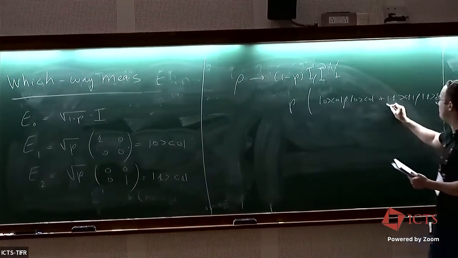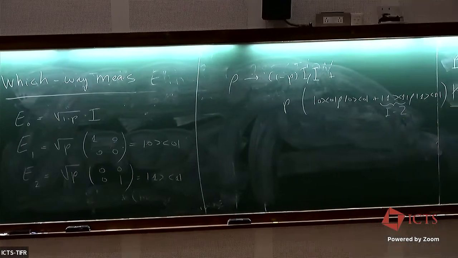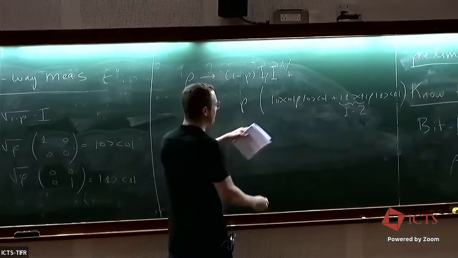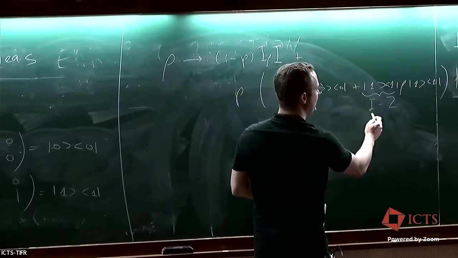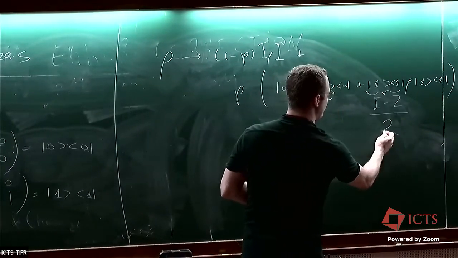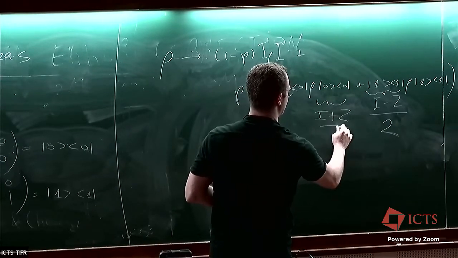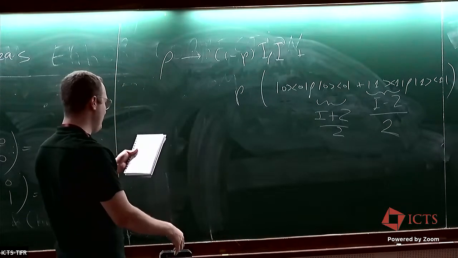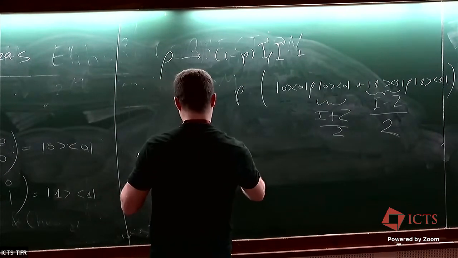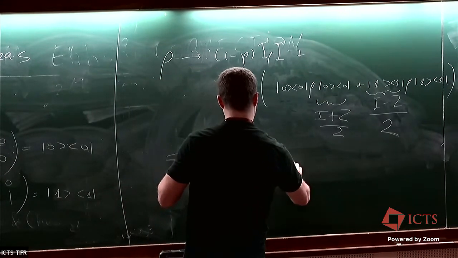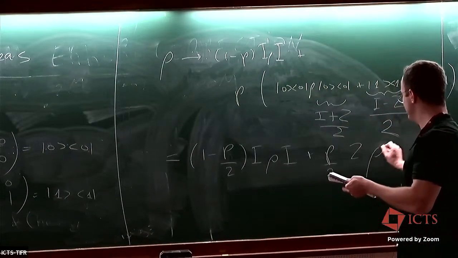But you can rewrite this. |1><1| is identity minus Z over 2, and |0><0| is identity plus Z over 2. You rearrange the terms, and lo and behold, what you get is (1 minus P over 2) I rho I plus (P over 2) Z rho Z.